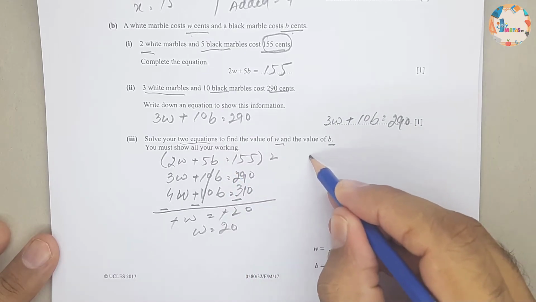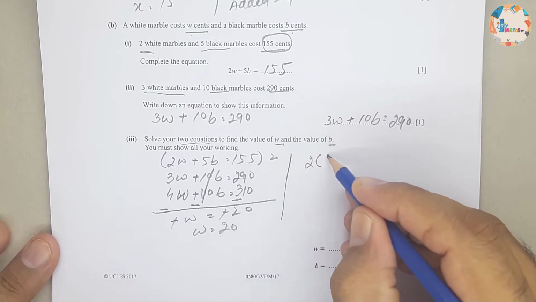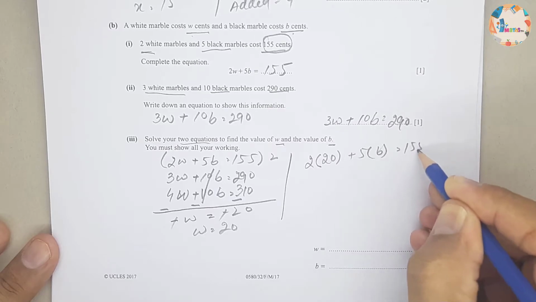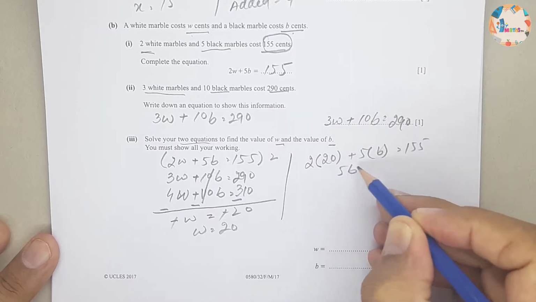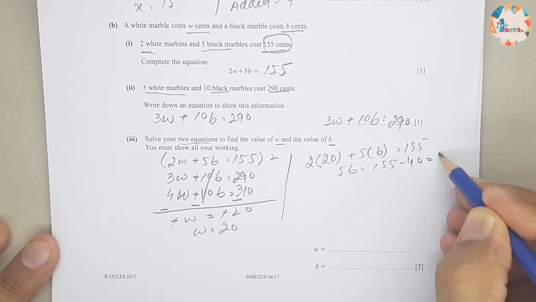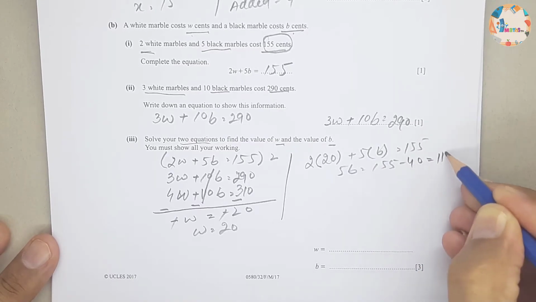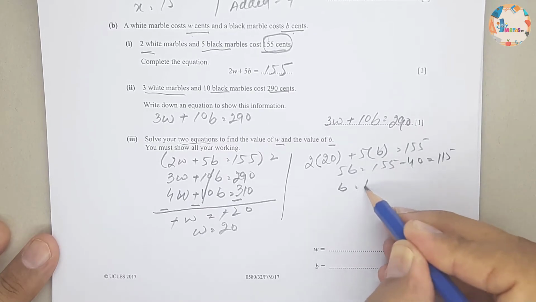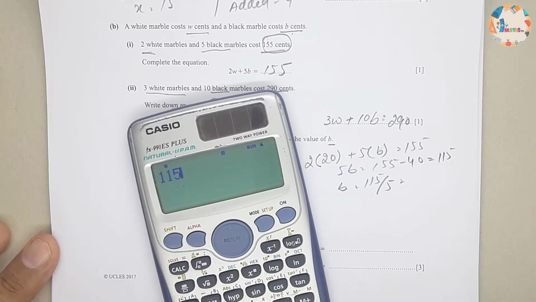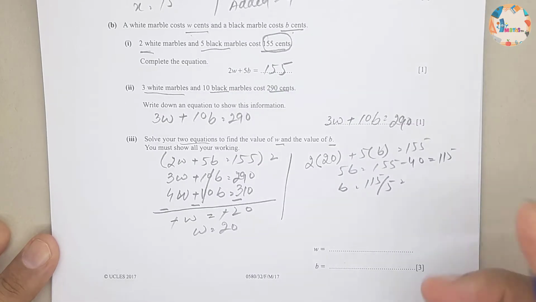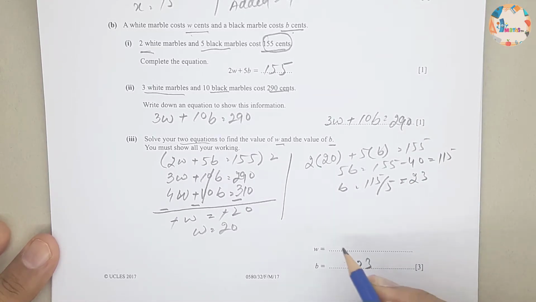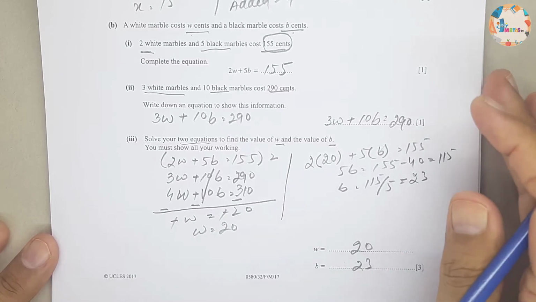So we'll replace in the first one: 2 into 20 plus 5 into B is equal to 155. So 5B is equal to 155 minus 40, which is equal to 115. So B is equal to 115 divided by 5, which is 23. So our B value will be 23 and W will be 20. These will be the answers.